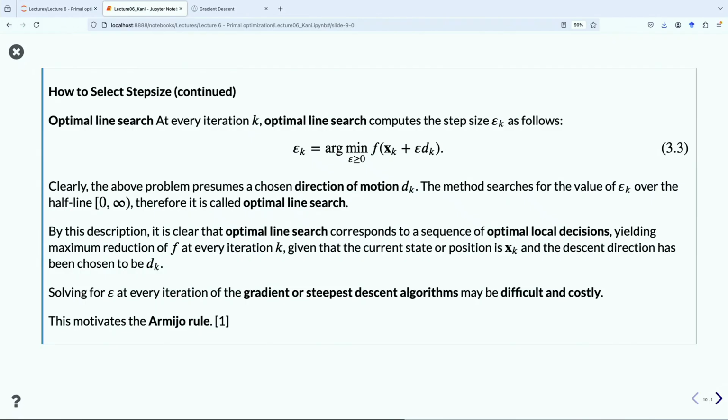Optimal line search isn't necessarily an algorithm itself, but it is a concept. It is the idea that when you need to take a step, you might as well take the best step: spend a little extra energy looking to see what the best next step is, and then take it.